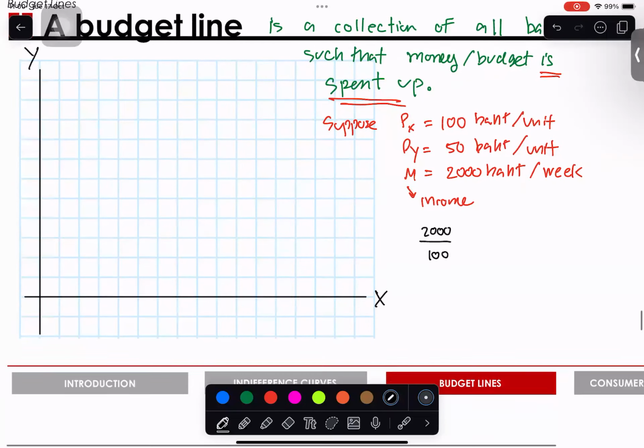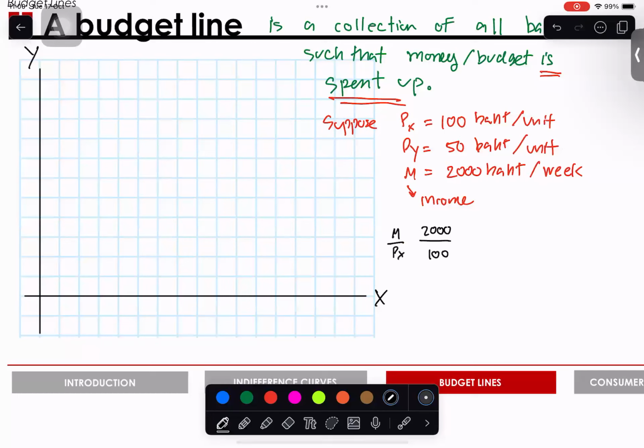So when we do M divided by PX, we know that if we spend all money buying only good X, pizza, the maximum amount we can have is 20 units.